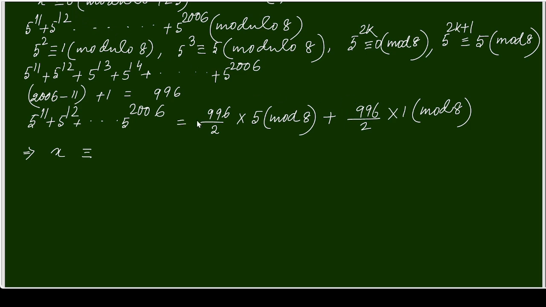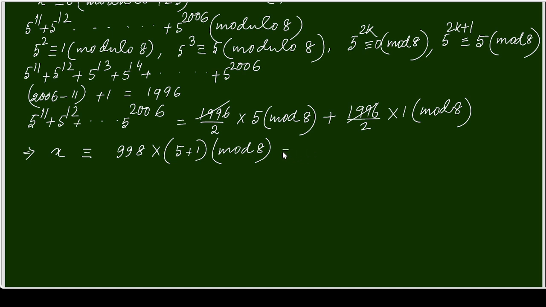It will be 1996. When you divide it, it will be 998. Here also 998. Here 998 are common. So it will be 998 into 5 plus 1 modulo 8.